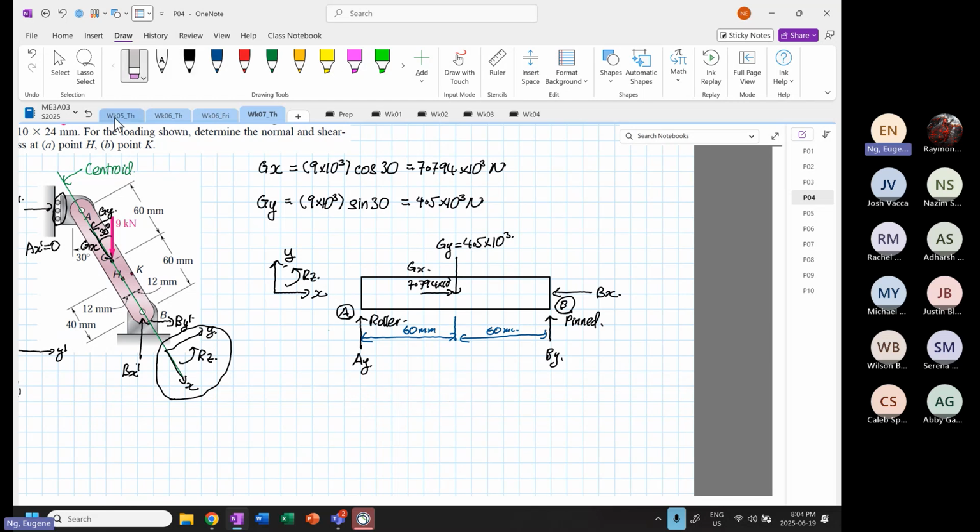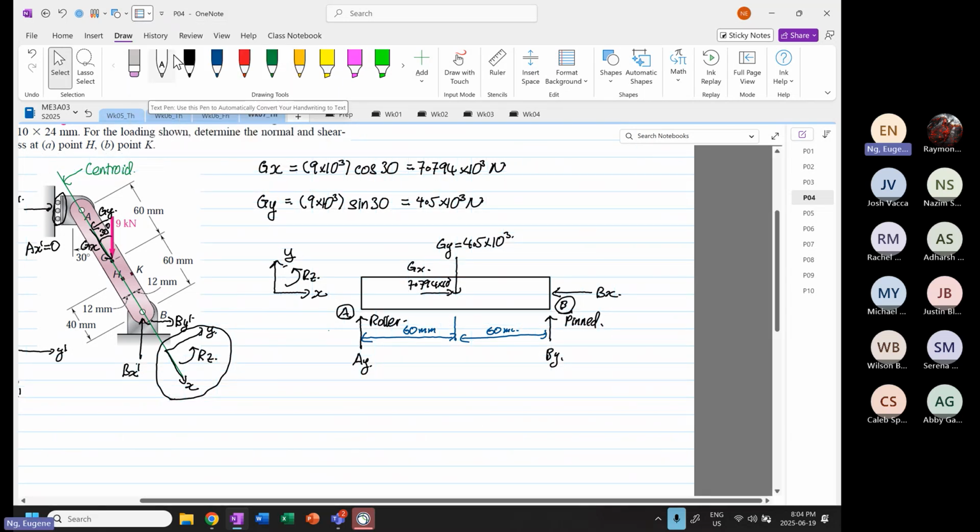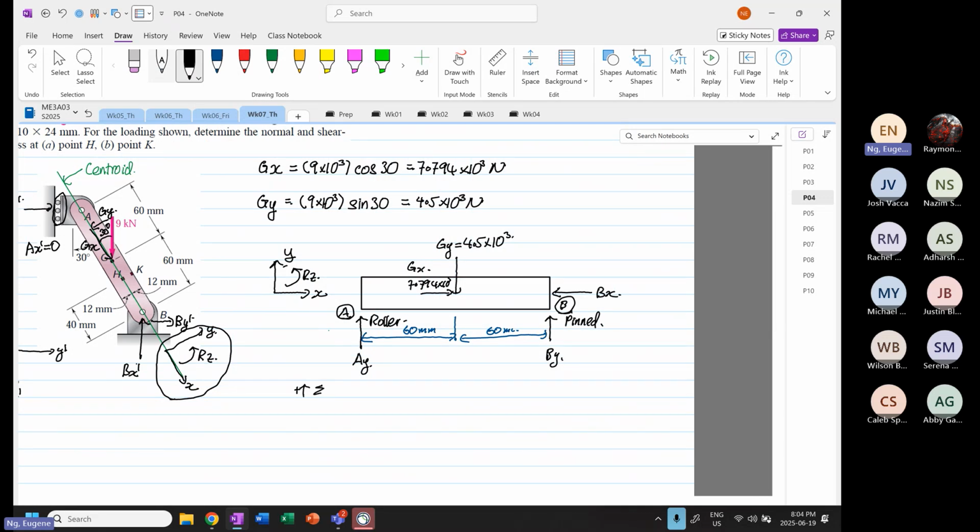Let me put in the other mode so I can write thicker. So we have positive that's going up. Summation of forces in the y direction is equal to 0. So you have Ay plus By minus 4.5 times 10 to the power 3 is equal to 0.